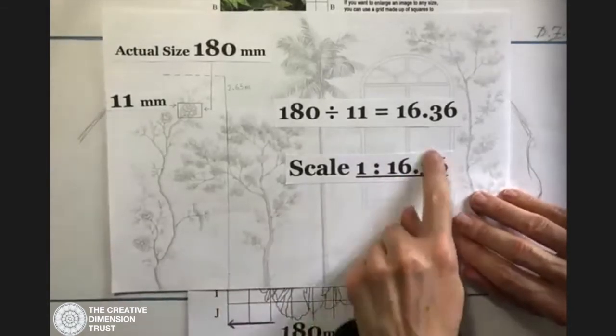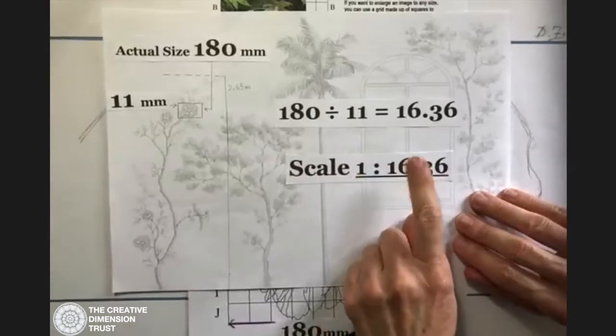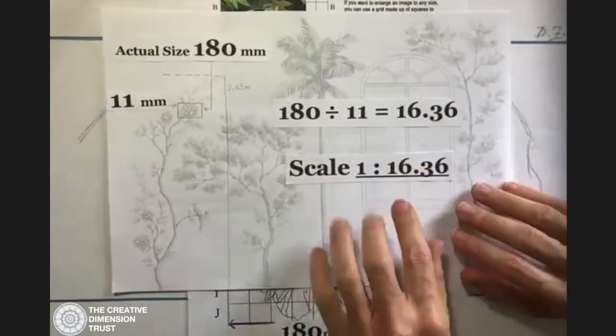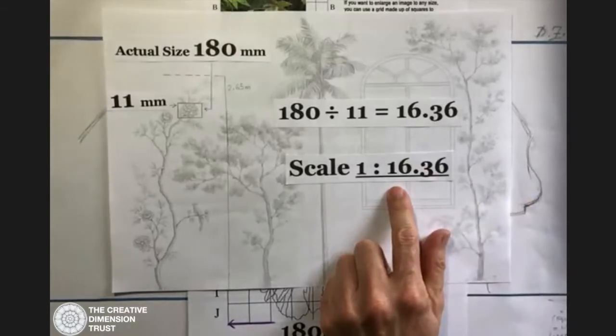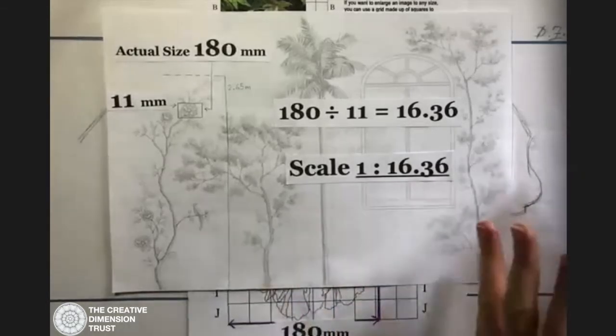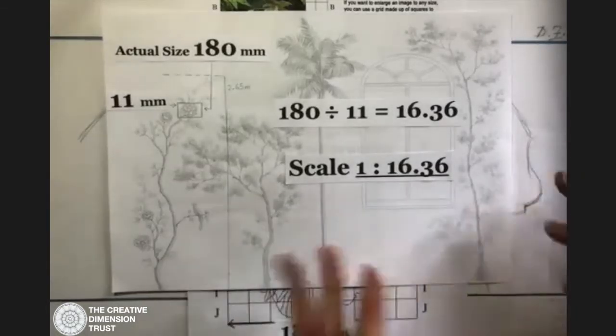Now that is a really odd scale, 16.36. You'll see a scale on an architect's drawing, and it's always a sensible, easy number to multiply, like 5 or 20 or 100. So say 1 to 100, 1 to 200, maybe 1 to 500.